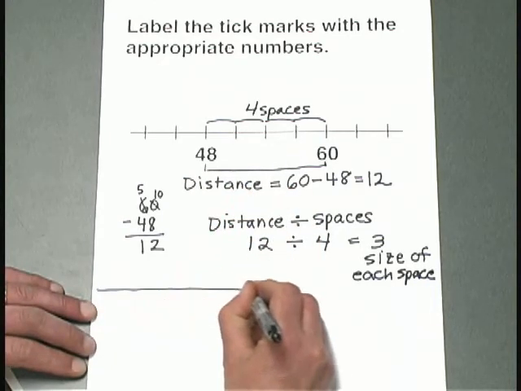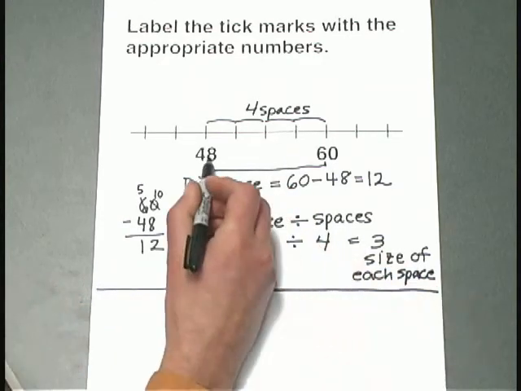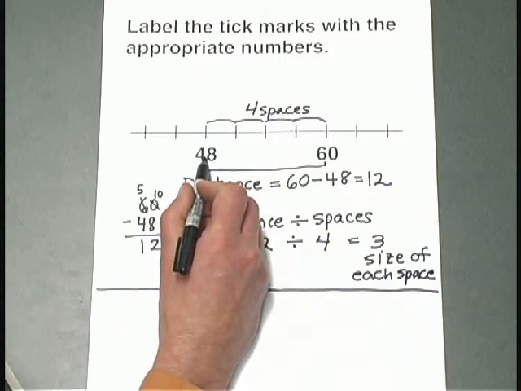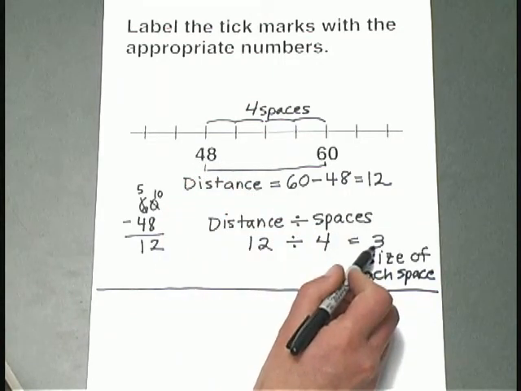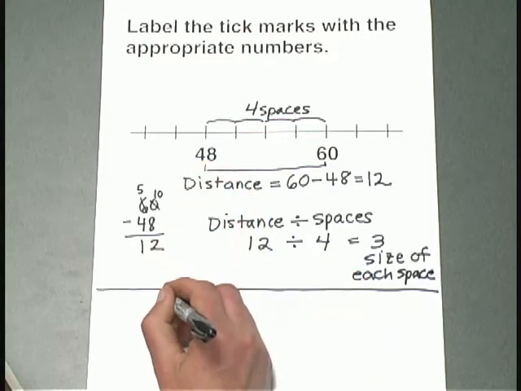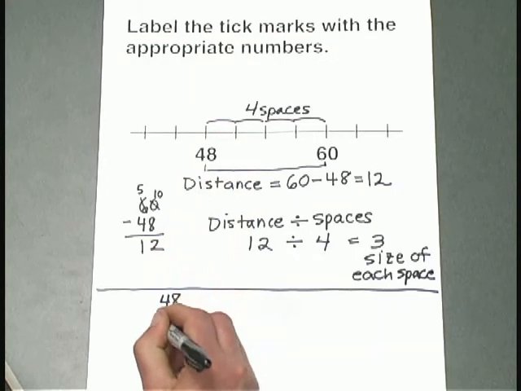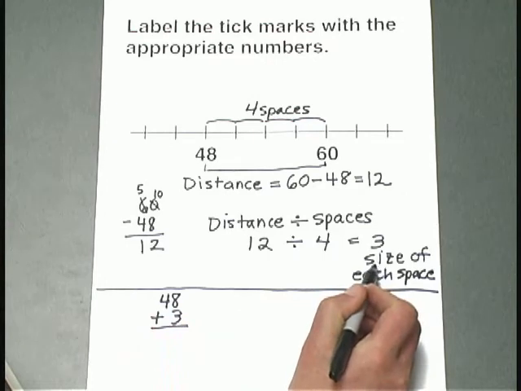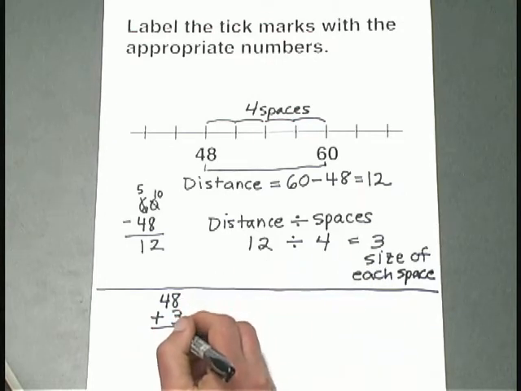What I'm going to do is start at a number that I know and add the size of a space onto that number. Add the 3 on. So I can take a 48 that I have and add on 3, the size of each space. 8 plus 3 is 11.